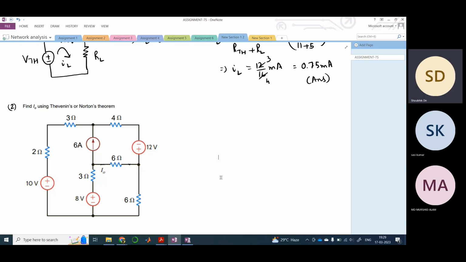I specifically chose this assignment because this is very important, and these theorems will be required in your two port theorems also. That is why I chose this assignment, and we are looking at some typical problems today that I took from the internet.